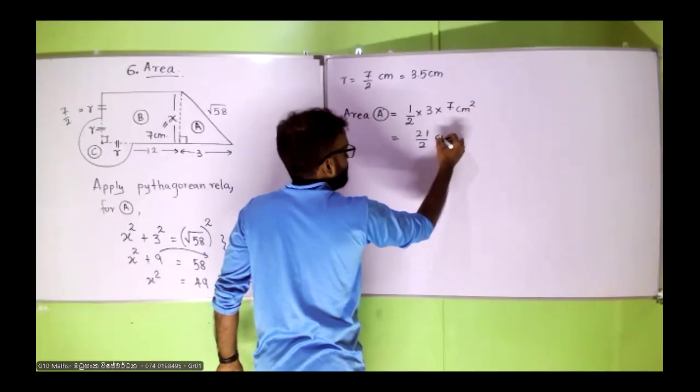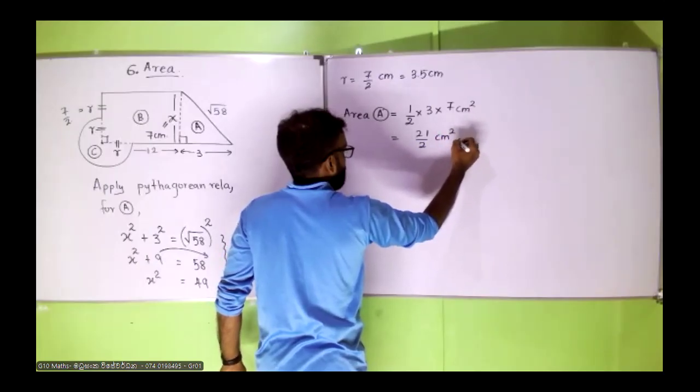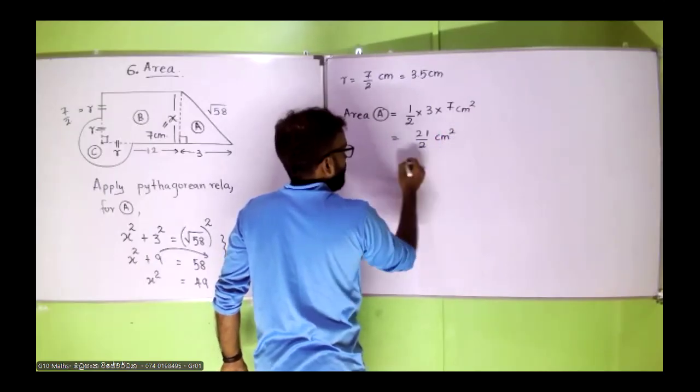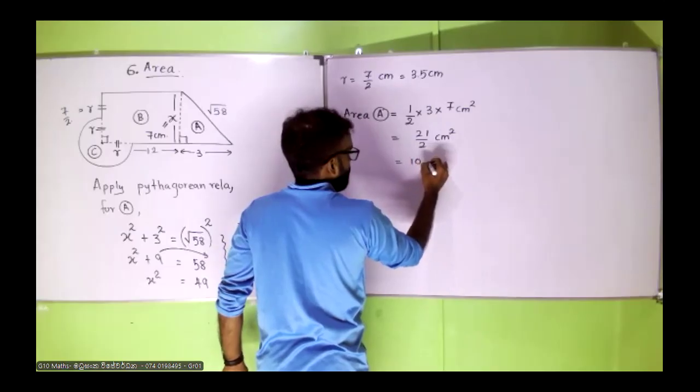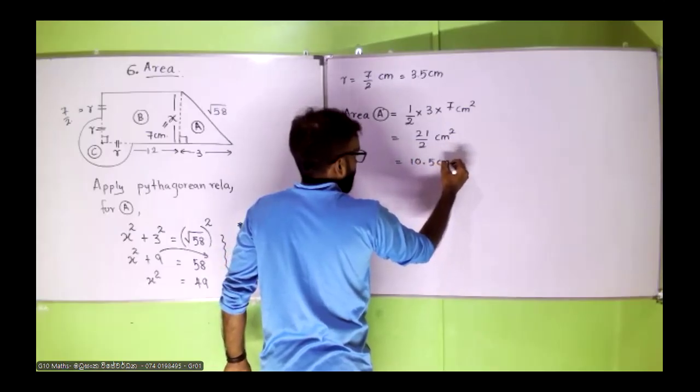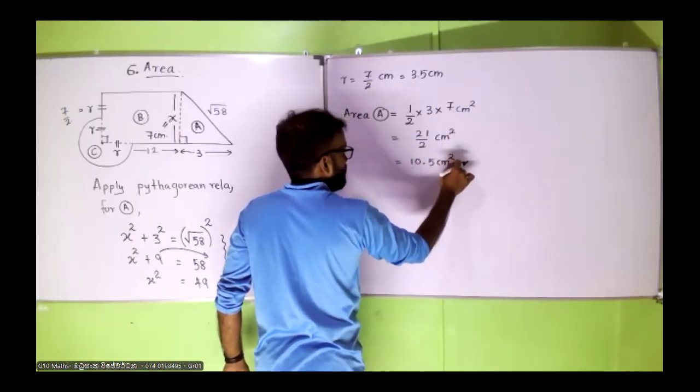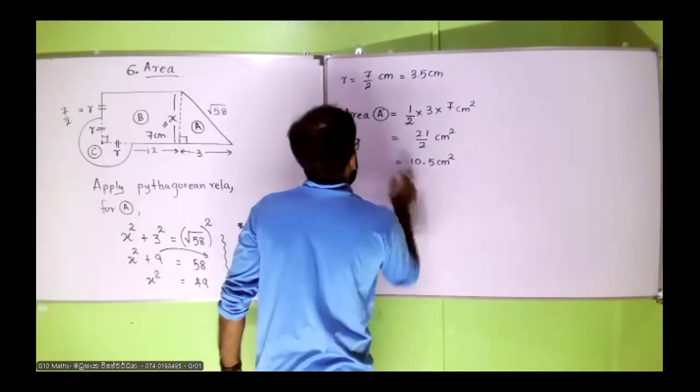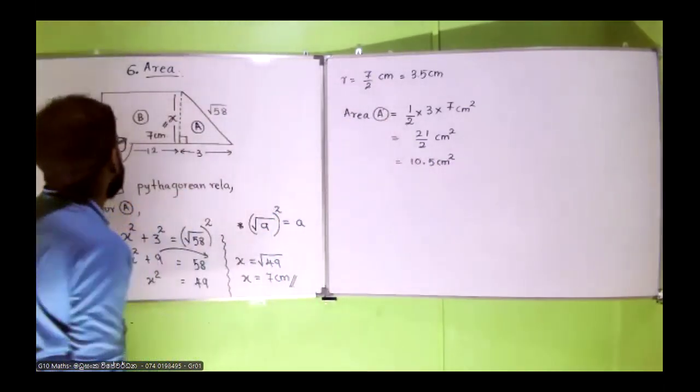I will keep it like this. If you want, you can keep it like 10.5, so that I can use this one or this one to simplify. Area of A is done.